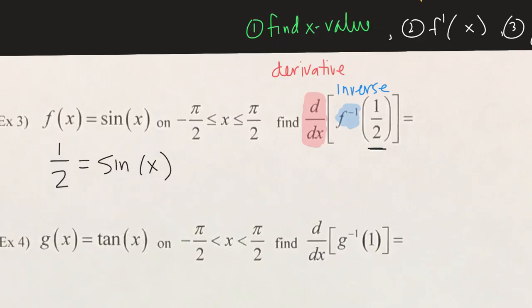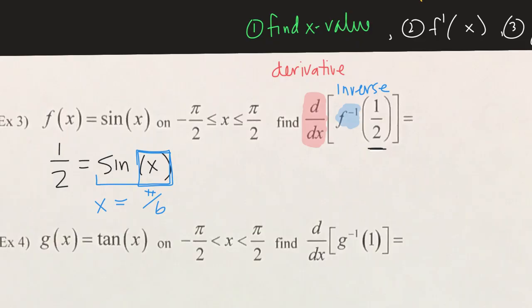So we want to know at what angle is the sine equal to 1/2? If you know your unit circle, which hopefully we do, we know that happens at pi over 6.